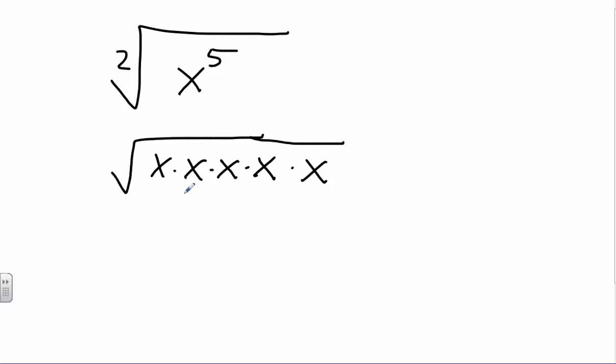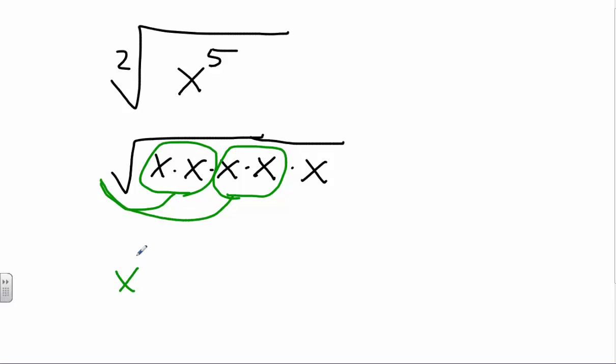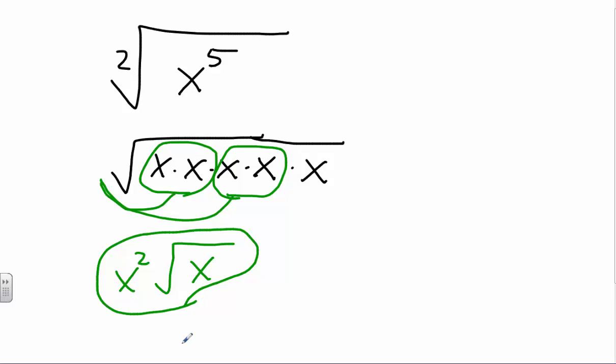Again, square root, let's look for couples. There's one couple. There's two couples. And this guy is a loner. He's hanging out by himself. He's going to stay single. So we have one couple to come out, a second couple to come out. So in all, we have x squared outside, and then we still have this guy inside. So it's just x squared, square root of x.